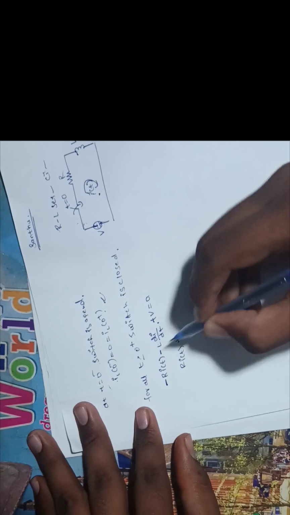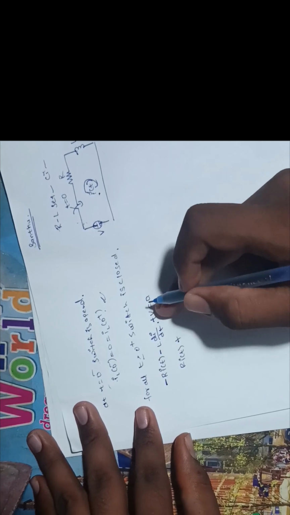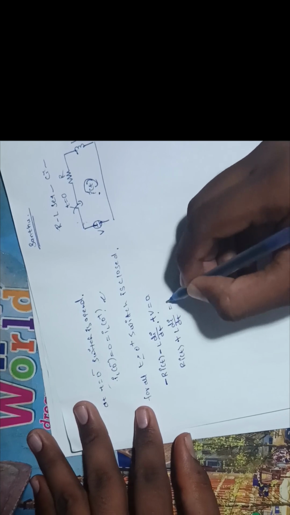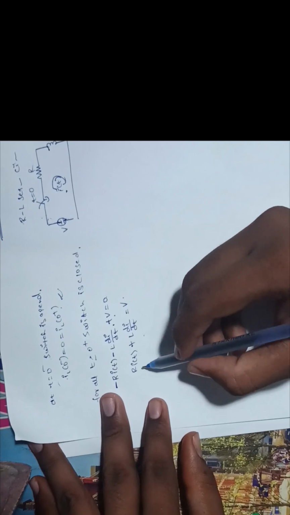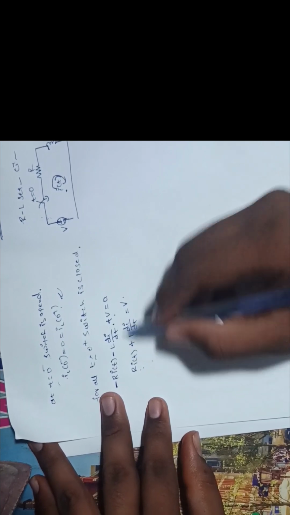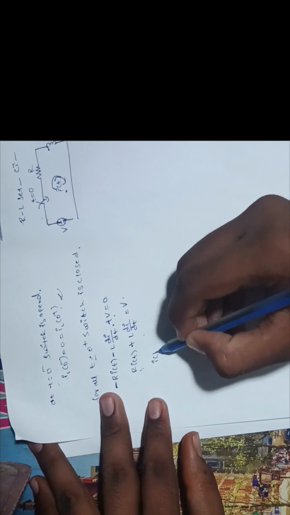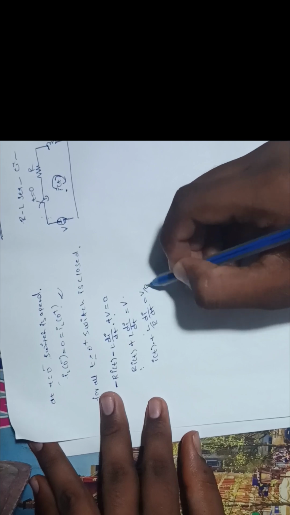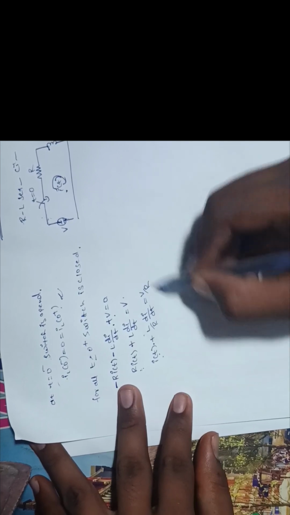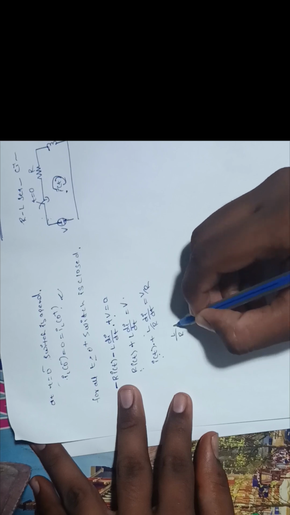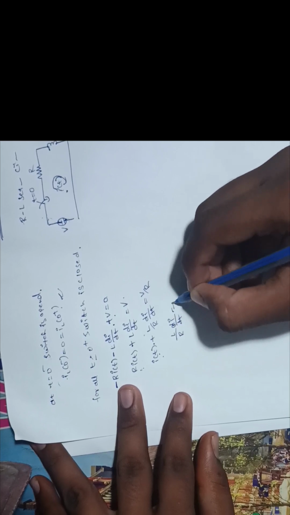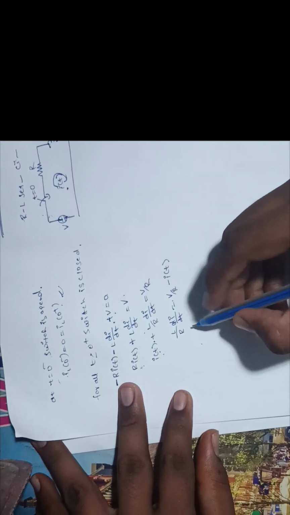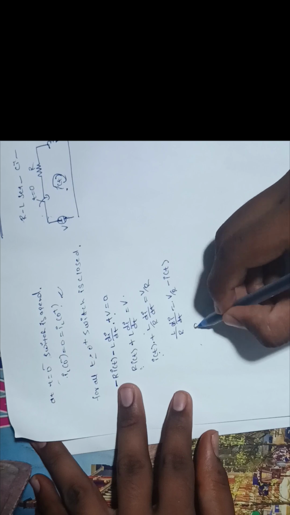Moving V to the right-hand side, we get L di by dt equal to V minus R i of t. Dividing both sides by R, the equation becomes L by R di by dt equal to V by R minus i of t. Now do the variable separable method.